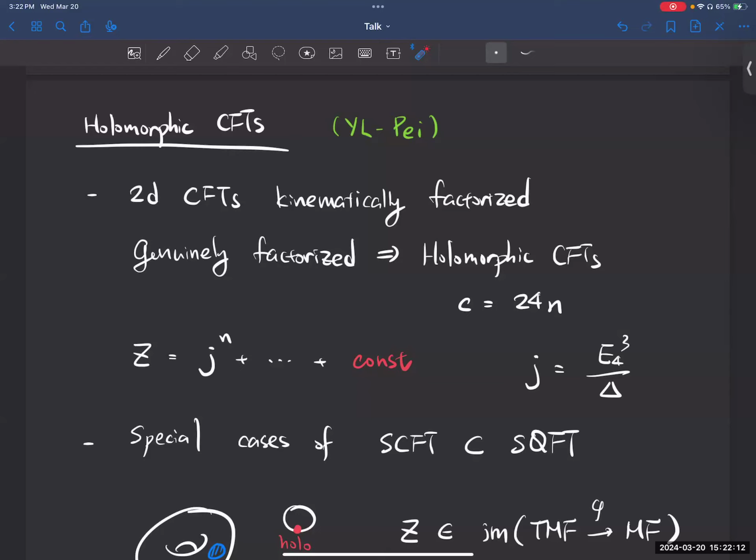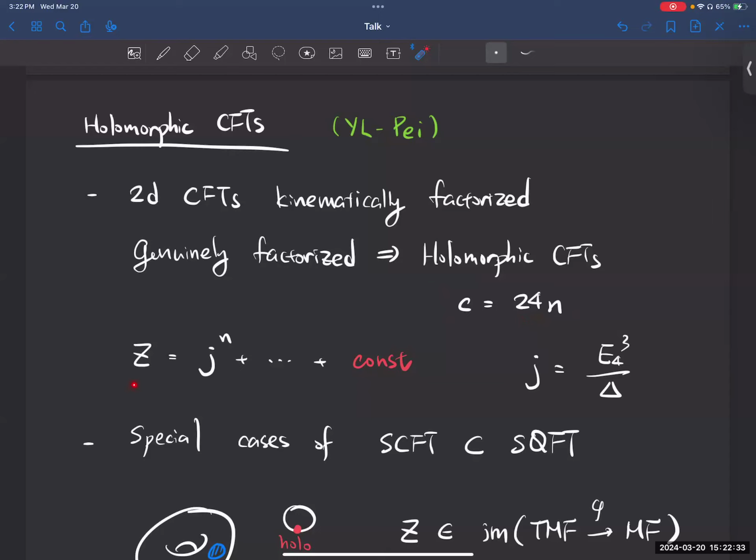But there is a very special class of 2D CFTs that are factorized, called either chiral or holomorphic CFTs. There's some variation in the definition, but I'm using one where you demand that the central charge has to be a multiple of 24.